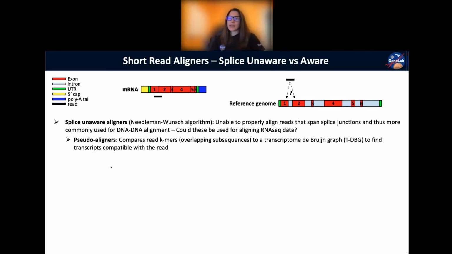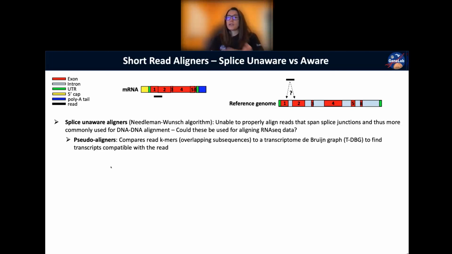Again, depending on how comprehensive the reference transcriptome you use is, you could have a reference transcriptome that's just mRNA, if that's what you want to look at. You could have a reference transcriptome that contains, in addition to mRNA, also pre-RNAs and microRNAs and long non-coding RNAs. Depends on how comprehensive the reference transcriptome that you have is.